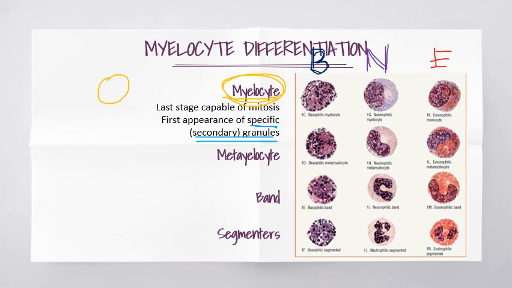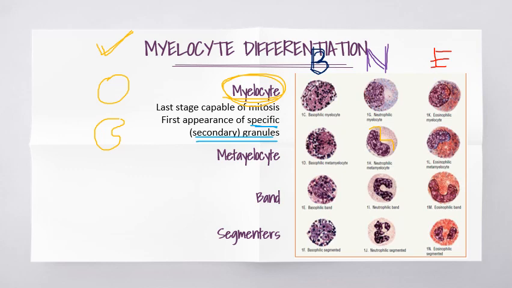When it becomes a metamyelocyte, there is now an indentation. So the nucleus becomes like this. Okay? Are you getting the pattern? The stage of differentiation actually rests on the shape of the nucleus, while the specific identity of the cell will be based on the granules that are present in the cytoplasm.